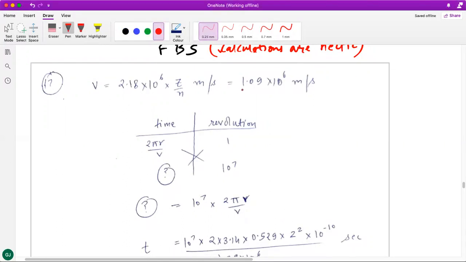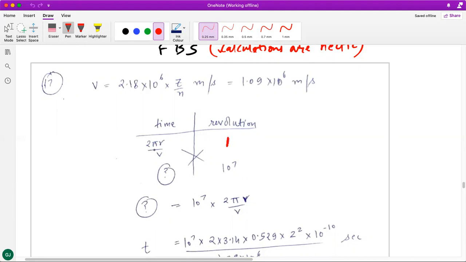Now in this, it's a question in which it simply asks you to determine the time taken to complete 10 raised to the power of 7 revolutions. So you remember the result of what time period was, that the time taken to complete one revolution is what we define as time period.